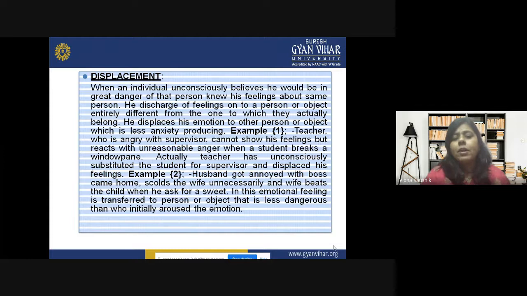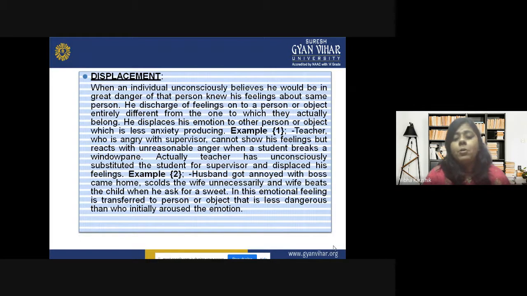What the teacher has actually done is unconsciously substitute the student for the supervisor and display his feeling.